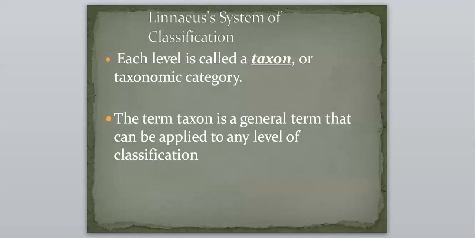Each level is called a taxon or taxonomic category, and the term taxon is just a general term that can be applied to any level of classification. For example, if we're talking about the kingdom Animalia, we can call that level a taxon. If we're talking about a certain order, we can just call that a taxon. So a taxon is a general term that can apply to any level that we're talking about in terms of classification.